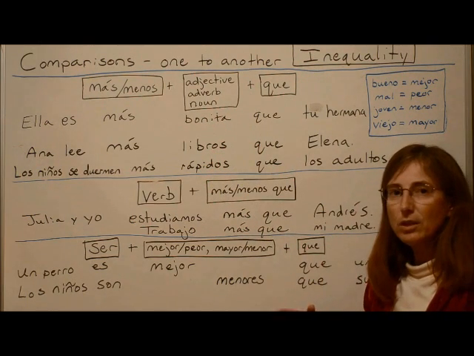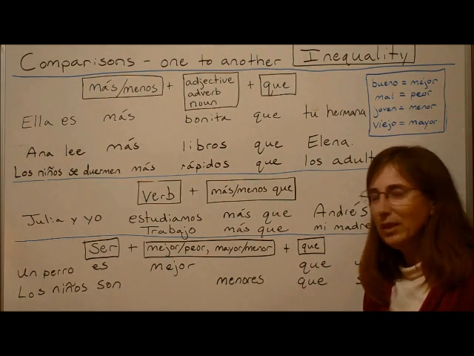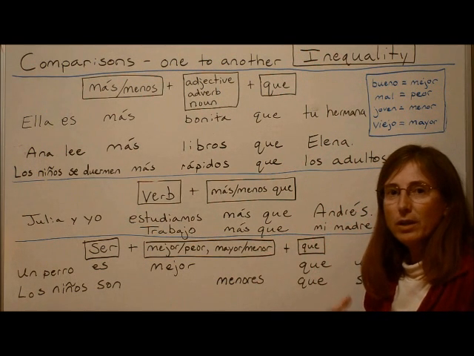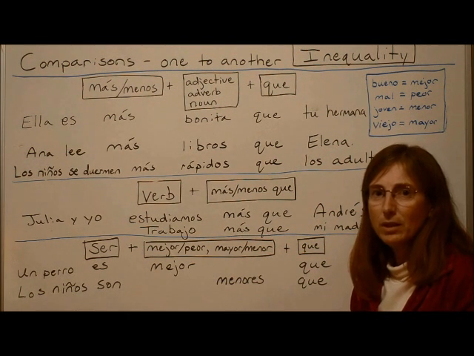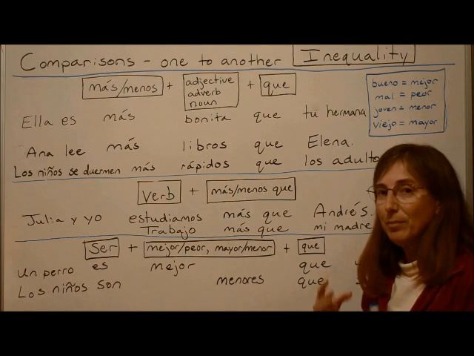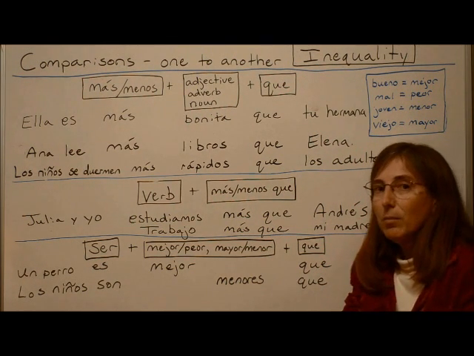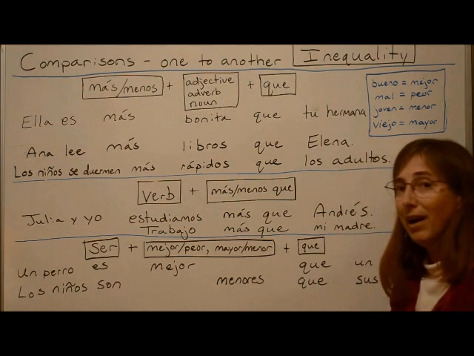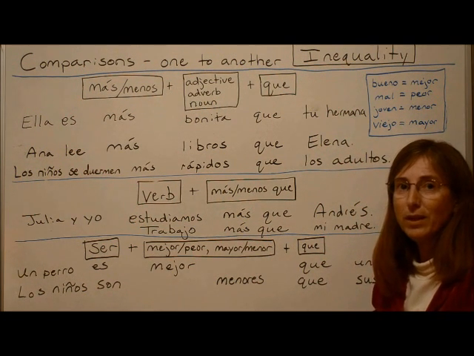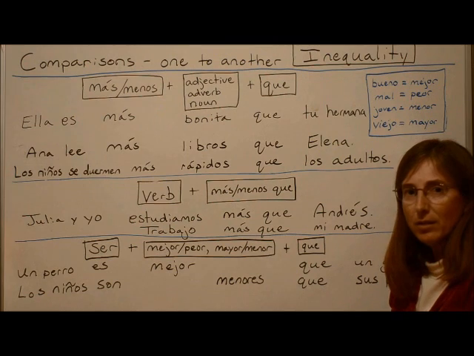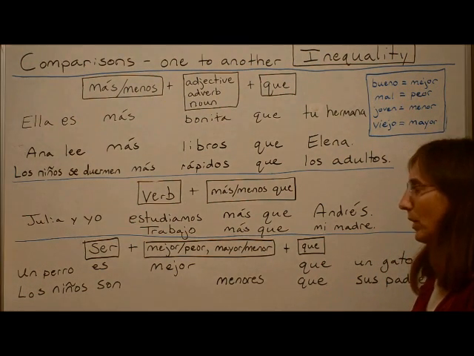Now, another structure that's used in Spanish to make a comparison of inequality is when we're talking about a verb in our comparison. For example, Julia and I study more than Andrés. So study, the verb, is in our comparison.